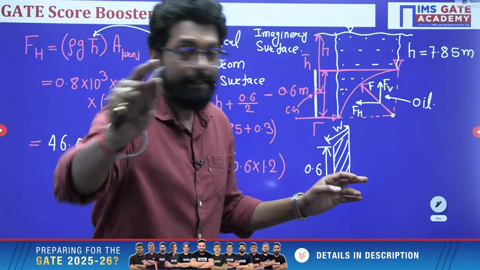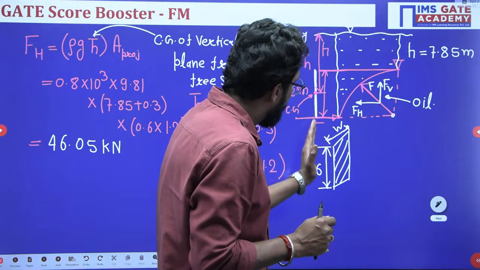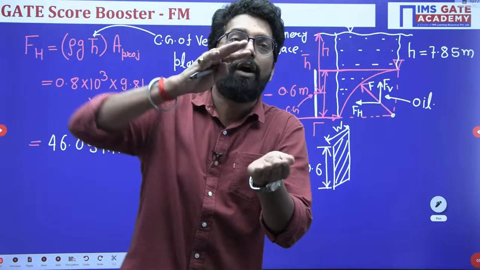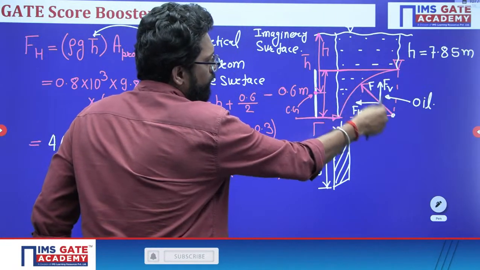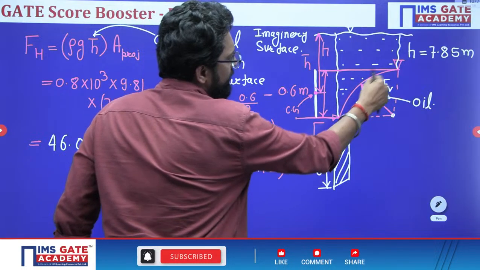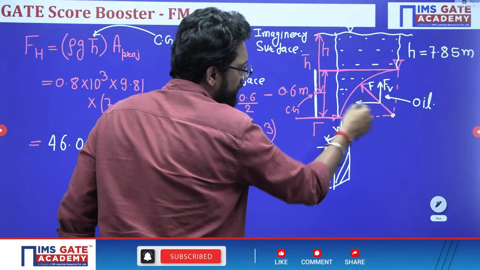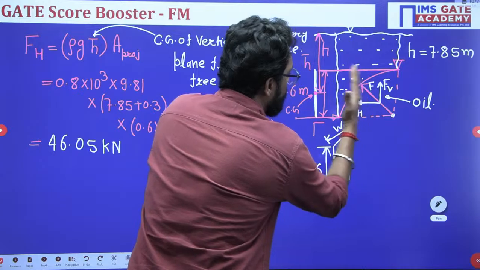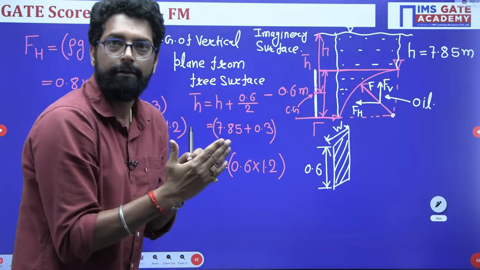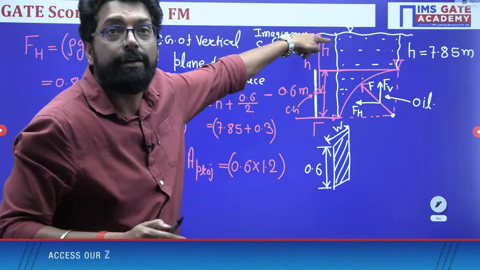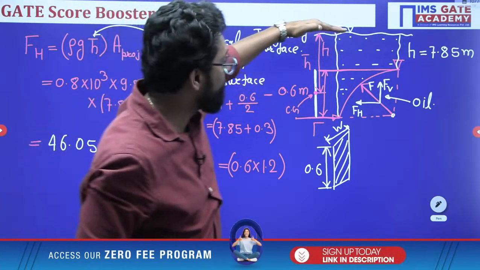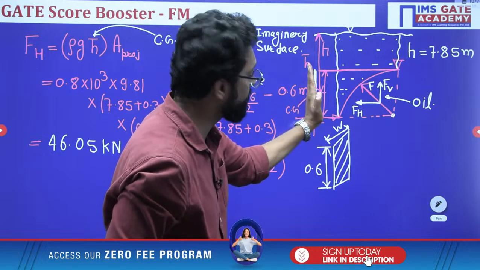So Surya, we calculate the horizontal force because this force is continuously changing. So there is a resultant horizontal force. This horizontal force will act on a vertical projection, and this vertical projection is below the free surface. It is not at the free surface.